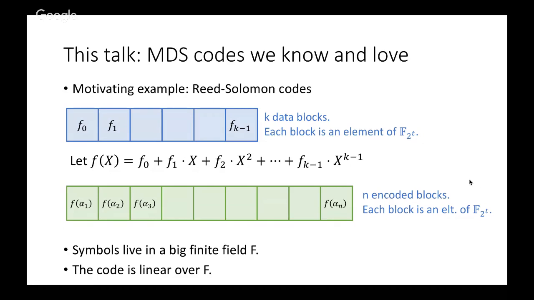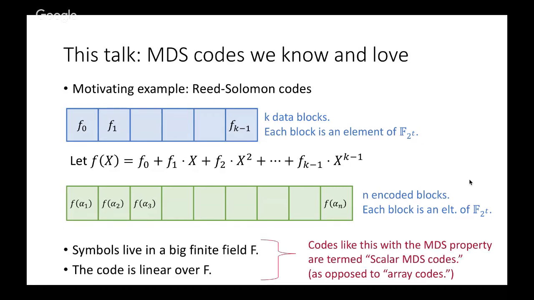Codes like this, that are linear over a big field and naturally live over a big field, are called scalar MDS codes in the regenerating codes literature. They're what we would normally just call straight up MDS codes, but we call them scalar MDS codes to differentiate them from MDS array codes.